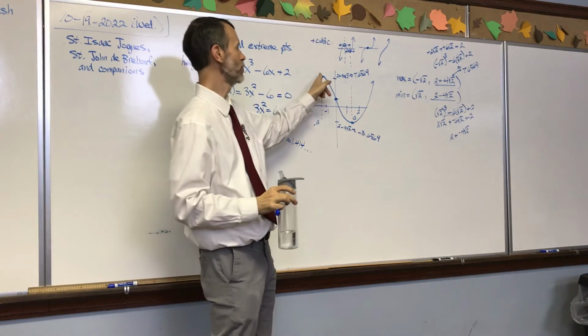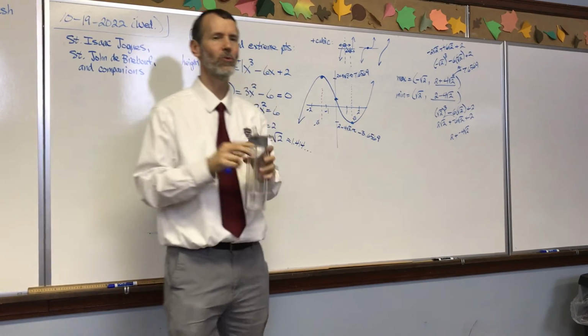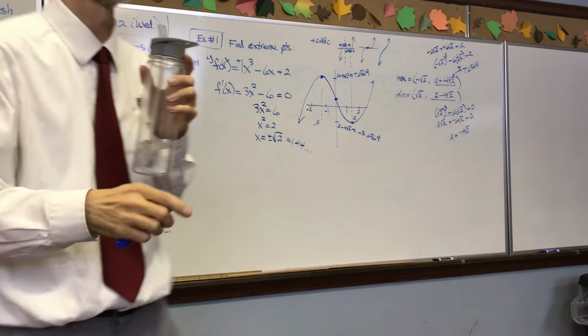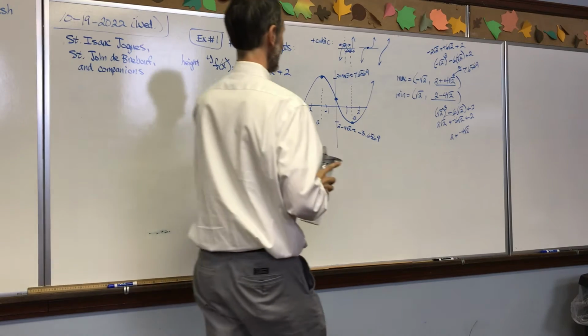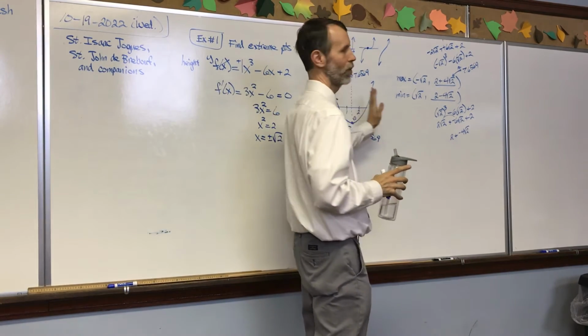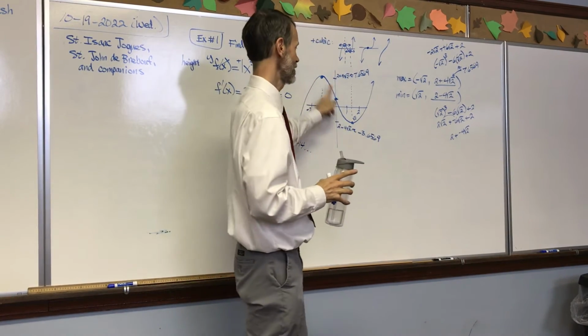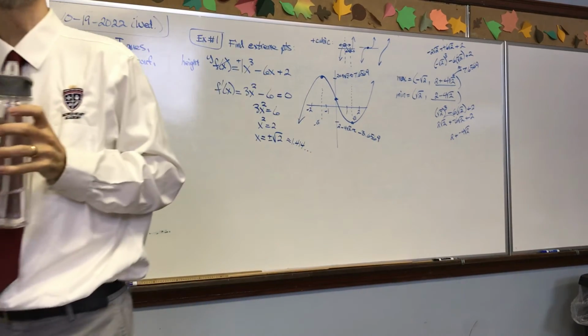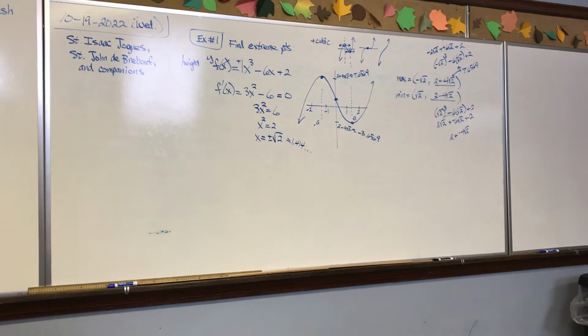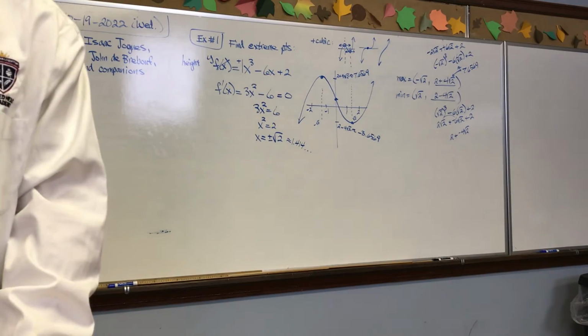And on a chart, you would have probably missed the max and min, the vertices, because they're not whole numbers. If you're doing negative 3, negative 2, negative 1, 0, 1, 2, 3, you would have completely missed these. In calculus, we can now nail them, and we can have a much more accurate graph. Does that make sense?